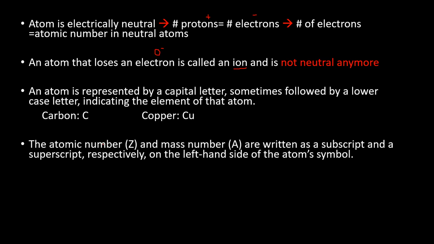So the atomic number is subscript and the mass number is superscript. For example, if you have an element X, this would be the mass number and this would be the atomic number. Helium here has a mass number of 4 and an atomic number of 2. And carbon has a mass number of 12 and an atomic number of 6.